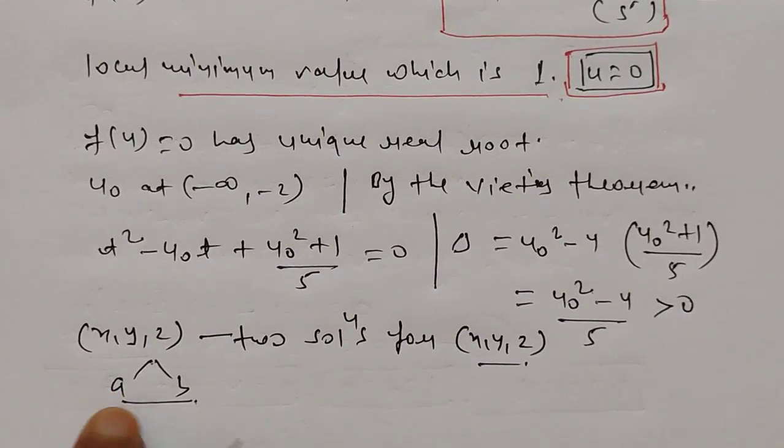The different values of a and b will give the two solutions for x, y, z, for different values of a, the x, y, z, and the different values of b, x, y, z. So here will be two ordered triple solutions for x, y, z, and the total number of solutions is 6 for x, y, z in total.